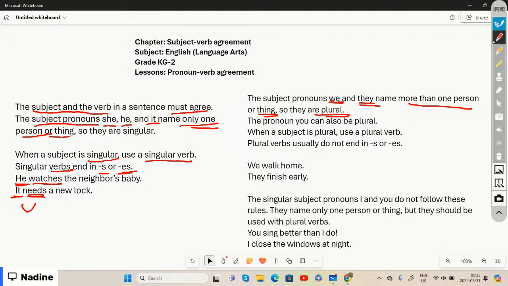All right. And remember we said that if it is a singular subject, we have a singular verb. And so we said that the pronoun you can also be plural. If we have the pronoun you, or the word you, right? You can refer to one person or you can refer to more than one person.